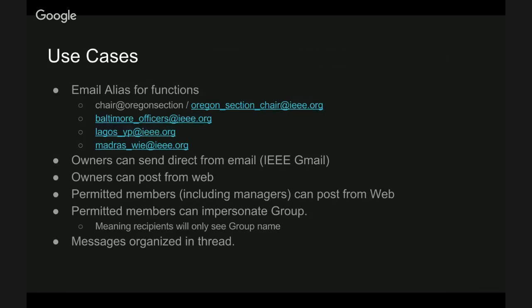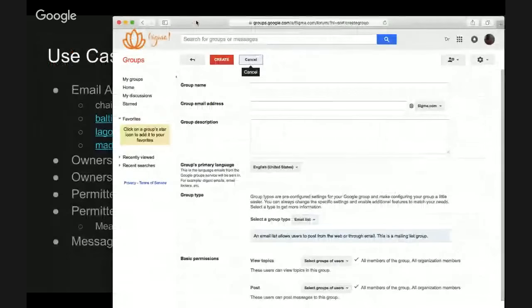Let's go back to this and check this. Is the group going to be a collaborative inbox, a web forum, an email list, or a Q&A forum? Let's think about the use cases. Oh, you're not seeing this. Let me cancel this process and bring it back here and show it to you.